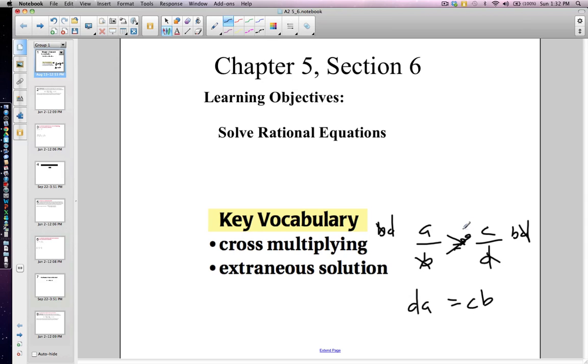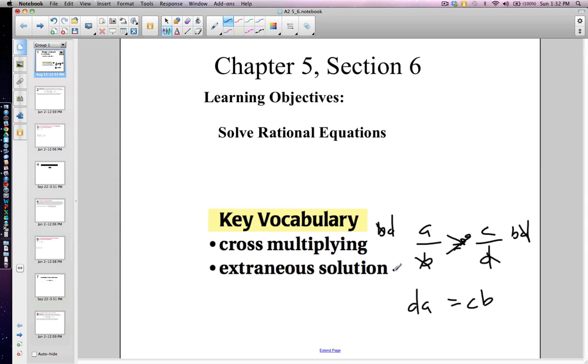So cross-multiplying and multiplying both sides of the equation by the least common denominator, both are methods. They're actually the same method, and they get rid of all the fractions. That's very helpful in solving, especially if you're not really fond of fractions. Anytime you have an equation that has fractions in it, if you multiply both sides of the equation by the least common denominator, all the fractions will be eliminated.